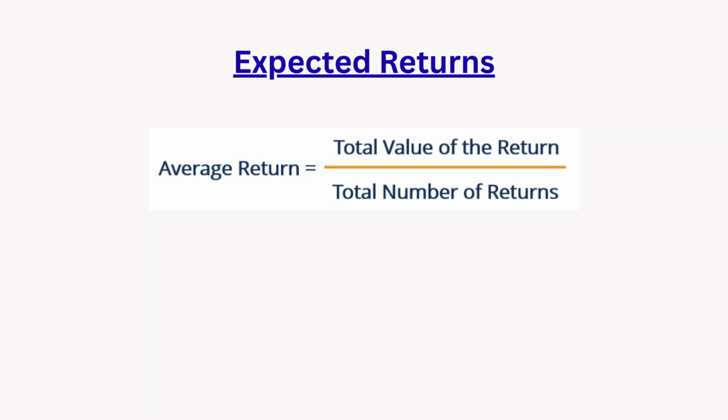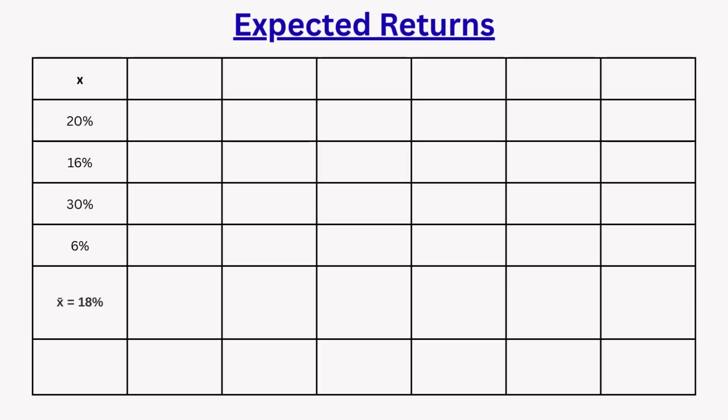Starting with expected returns. Expected returns is the average return that a security generates over the period. Let's say company X generates 20% in the first year, 16% returns in the second year, 30% returns in the third year, and 6% returns in the fourth year.